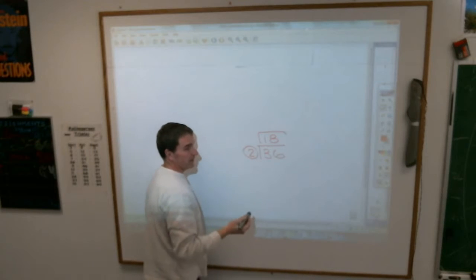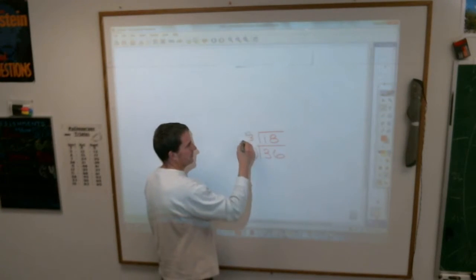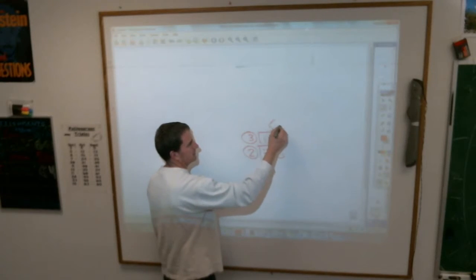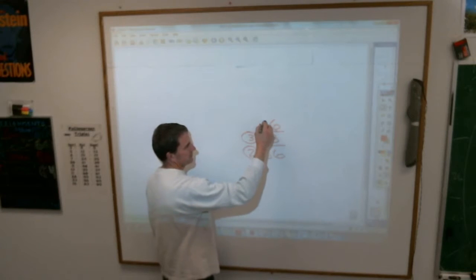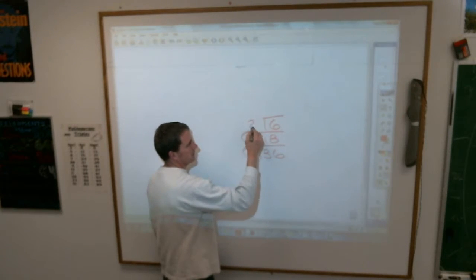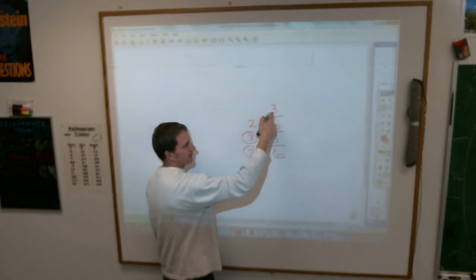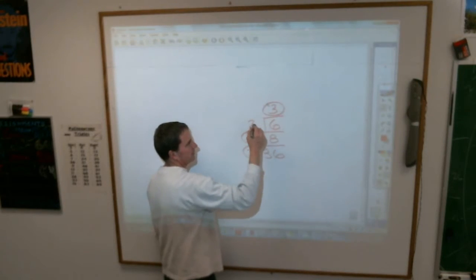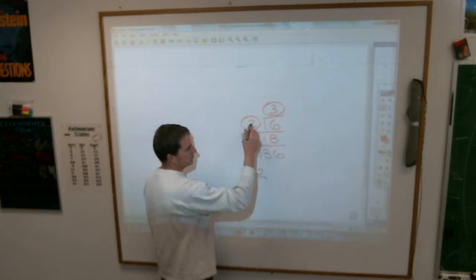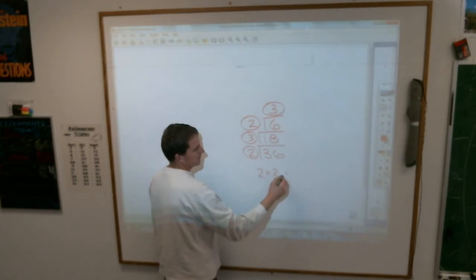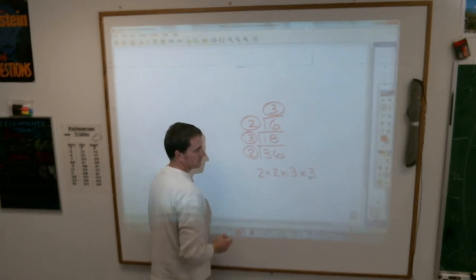Just for fun, I know 3 is prime, so let's divide 18 by 3 and I get 6. I can't stop because 6 is not prime. What goes into 6? You could go 2 again, cut it in half, you get 3. That 3 is prime, so you can stop there. Those are the numbers that give you 36: two 2s times two 3s.